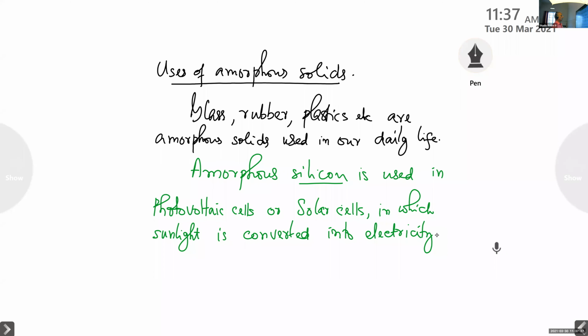So photovoltaic cells or solar cells are devices in which the energy of sun rays is converted to electrical energy. Okay, that is an application of silicon. All right, did you follow this or not?